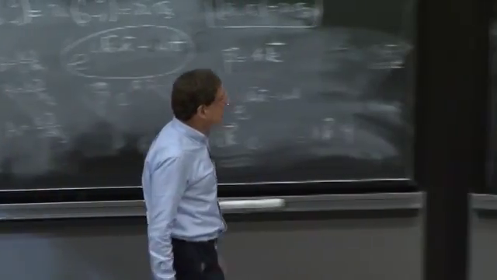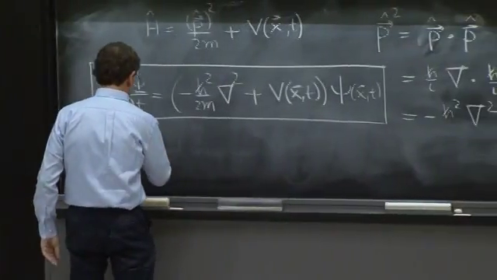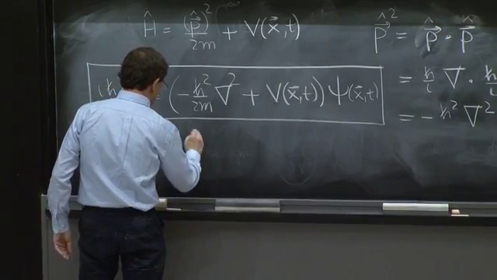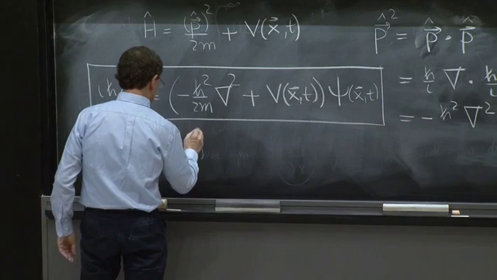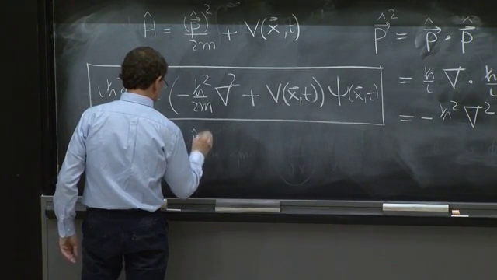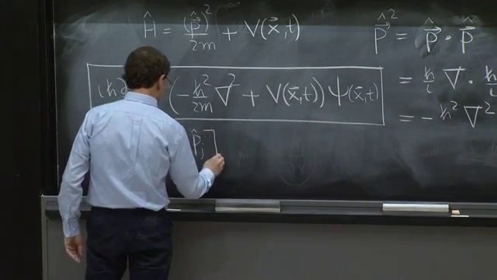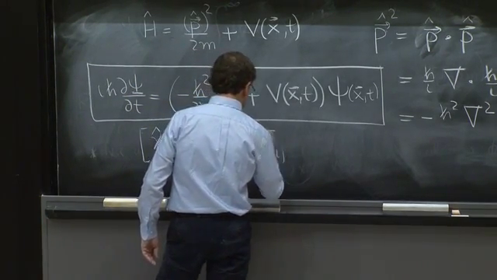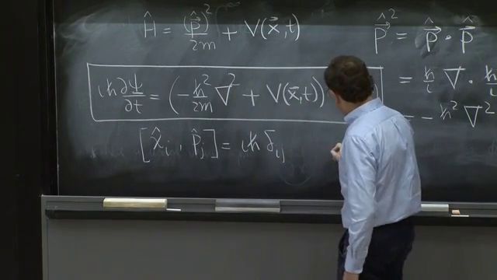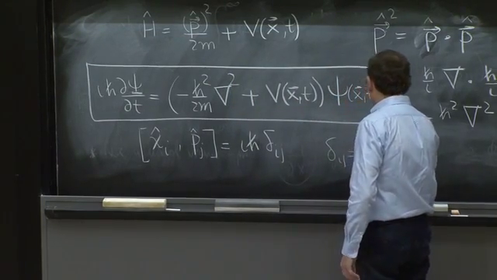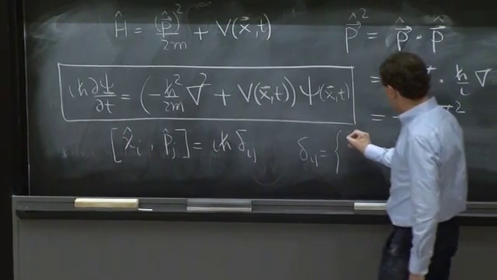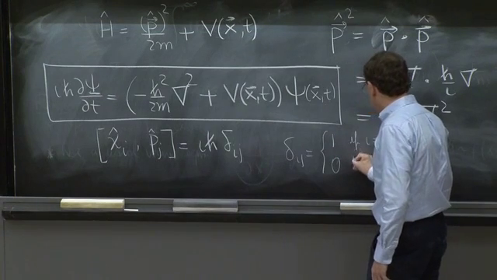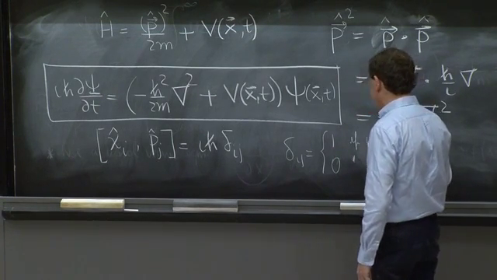So you have the ith component of the x operator and the jth component of the p operator. These give you i h bar delta ij, where delta ij is a symbol that gives you 1 if i is equal to j, and gives you 0 if i is different from j.